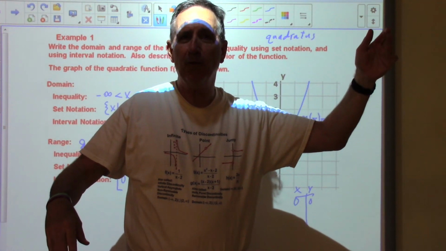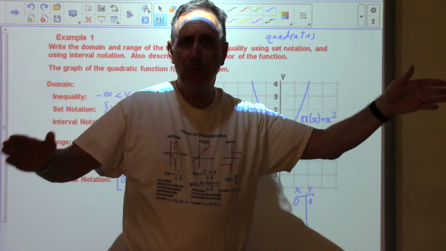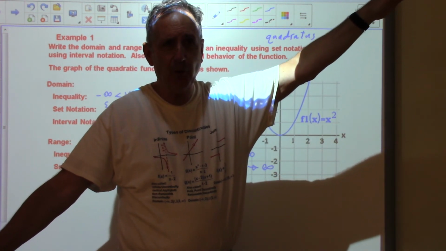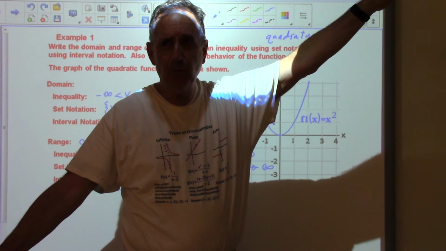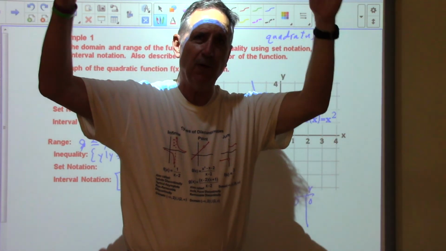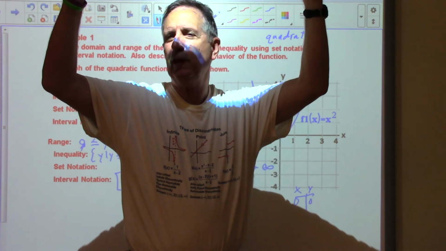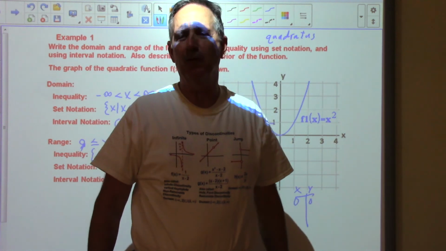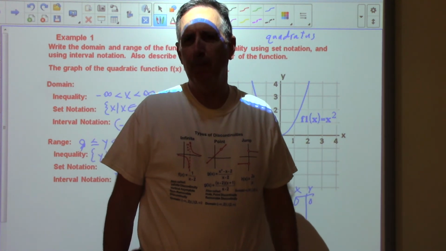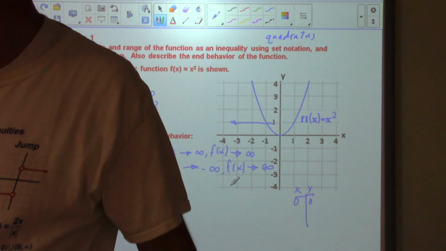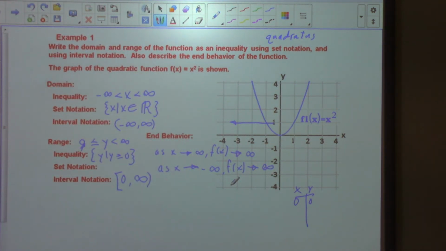What does that look like? Starts low and ends high, right? So that's an odd positive, and this is an odd negative function. This is even positive, and which way is even negative? Down. Okay, yeah. So that's basically it. We're going to get into that more later this year and next year for those of you taking pre-calculus.